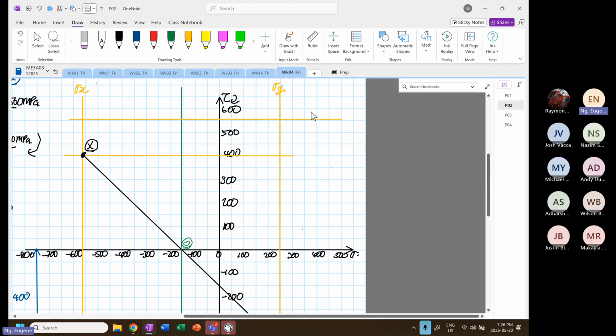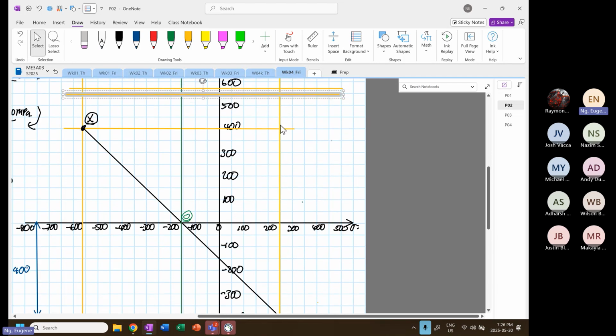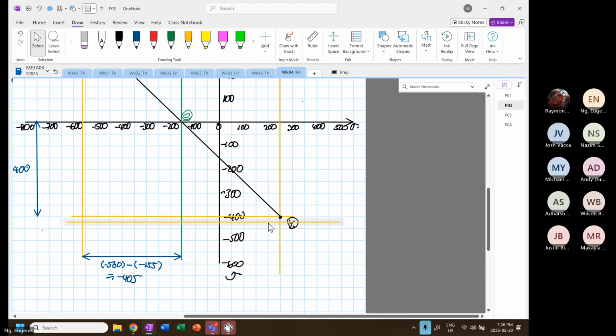Okay, so 569 is somewhere. So 575. So this is somewhere 569. And then we have to go to the next 569. So 550, 575, 569, somewhere around here.